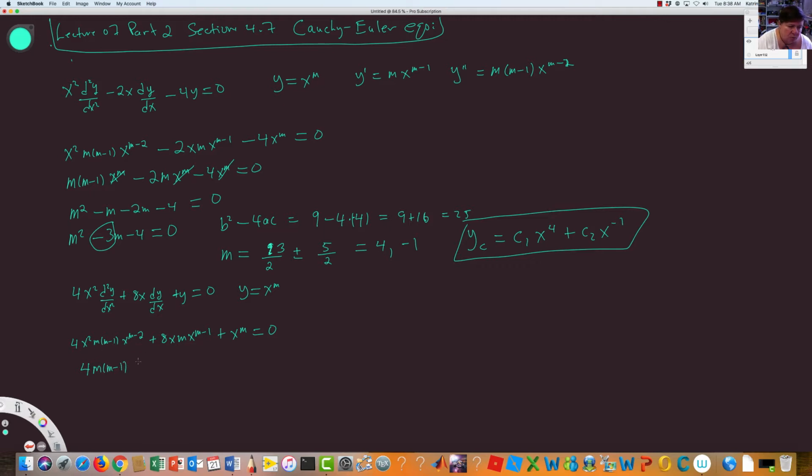So I'm just going to not do that step. We get 4m times m minus 1 plus 8m plus 1 is equal to 0. Okay. Now, here, let's combine. So we have 4m squared minus 4m plus 8m plus 1 equals 0, which gives me 4m squared plus 4m plus 1 equals 0.